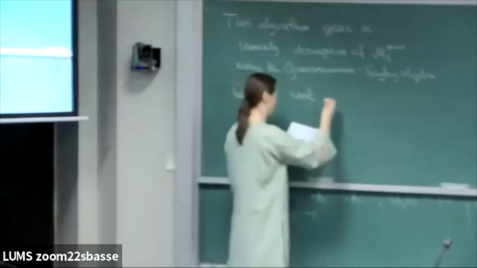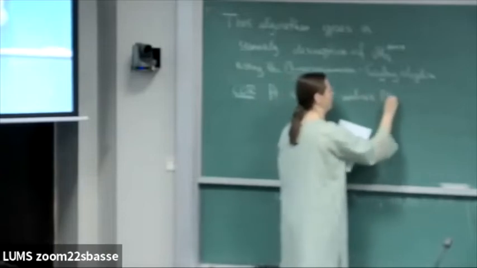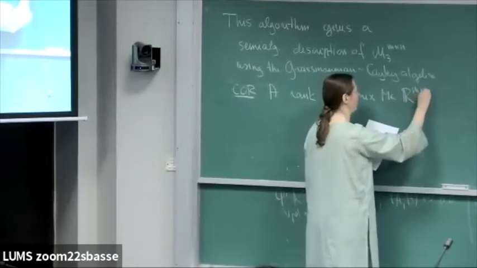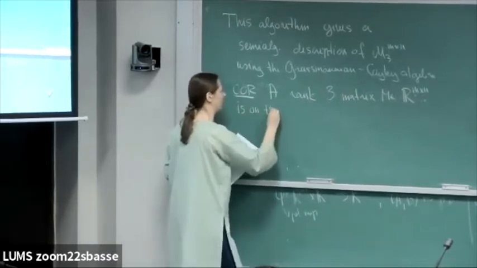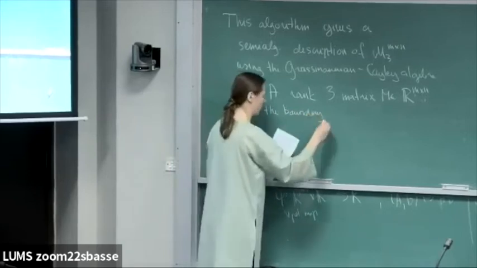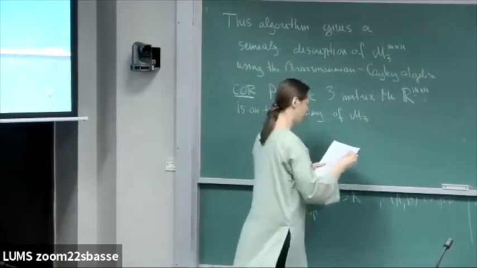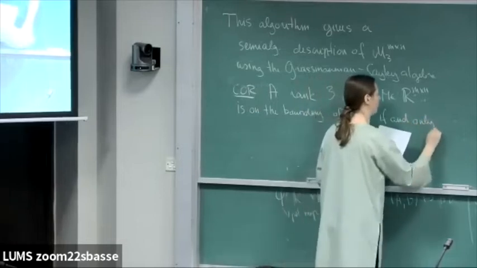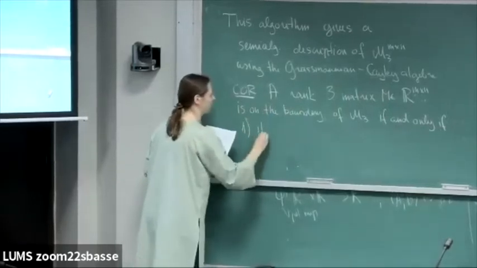So a rank 3 matrix M is on the boundary of M3 if and only if it contains a 0.